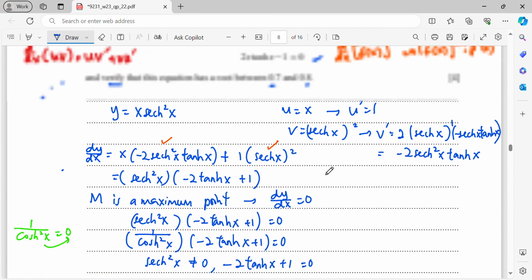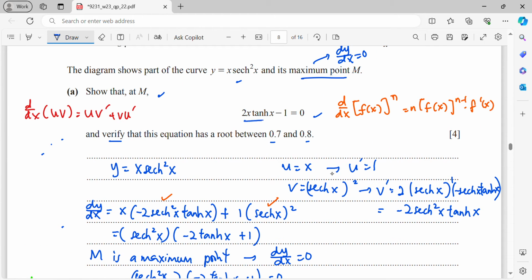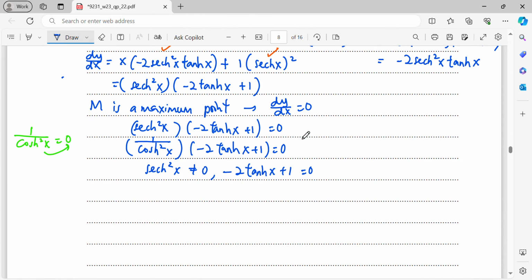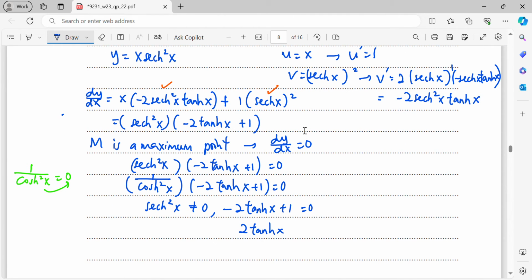So when it is 0, compared with the given answer, I need positive 2x hyperbolic tangent x minus 1. So I will just move all the terms to the other side. Okay, I missed out the x.